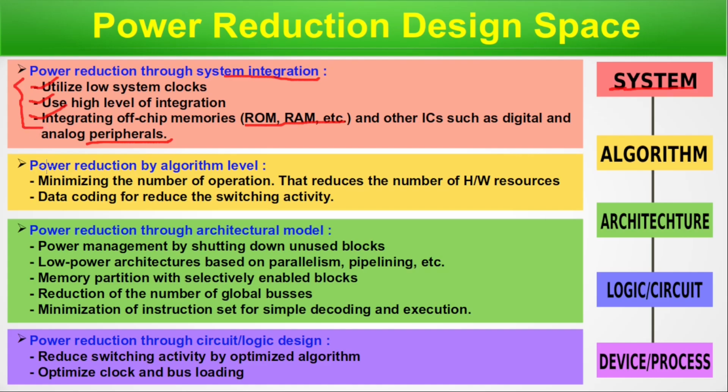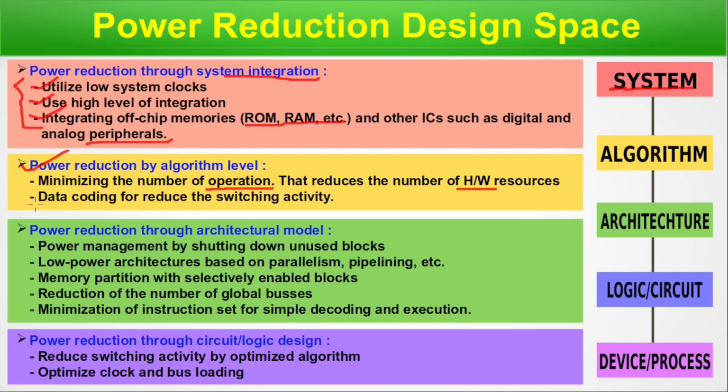Now power reduction at algorithm level. Minimizing the number of operations. If we can minimize the number of operations, then obviously if each and every operation uses less power, the wastage of power is less. So minimizing the number of operations reduces the number of hardware resources. Data coding to reduce the switching activity.